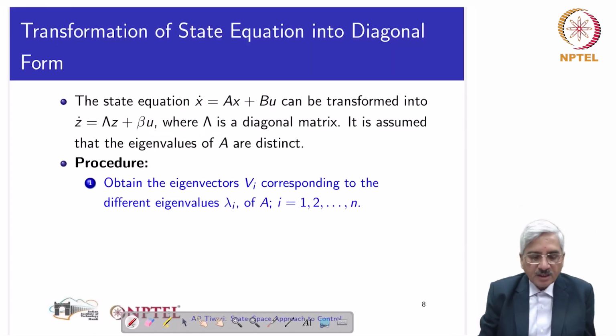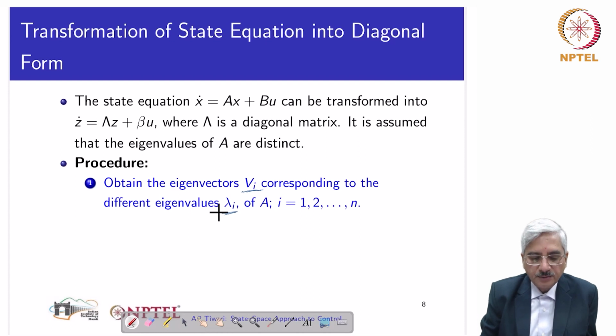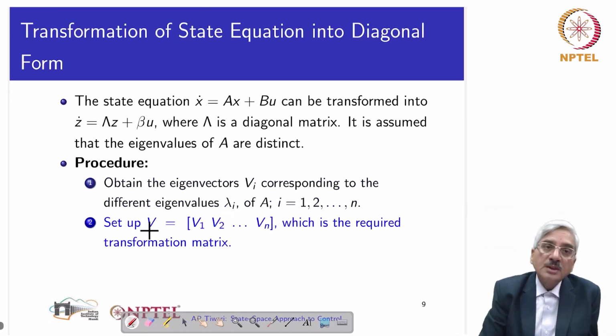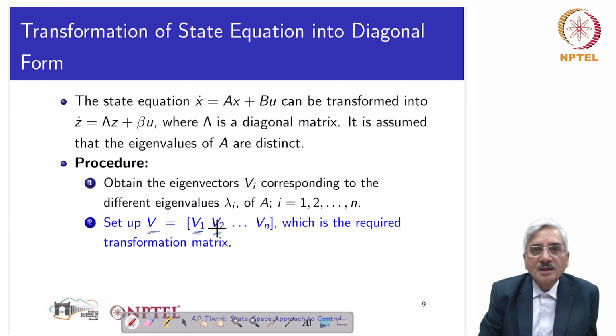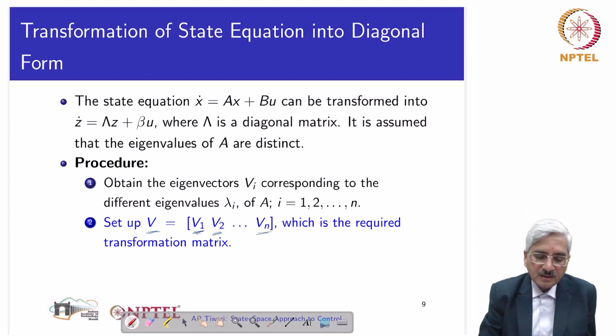We obtain all the eigenvectors corresponding to all the eigenvalues, and we collect them into a matrix V. So v1 is a column, the eigenvector corresponding to lambda 1. v2 is the eigenvector corresponding to the eigenvalue lambda 2, and so on. vn is the eigenvector corresponding to eigenvalue lambda n.